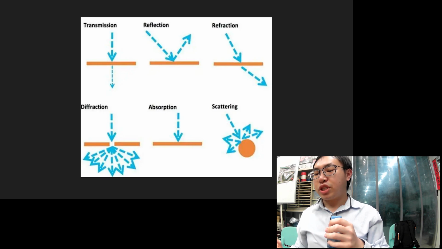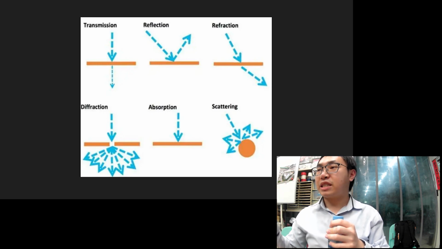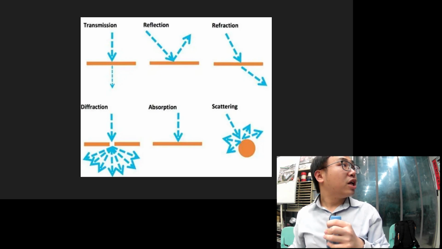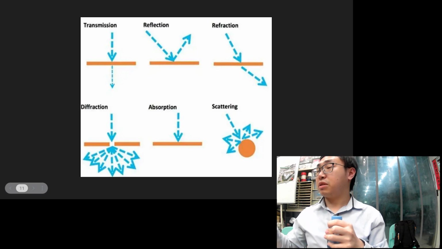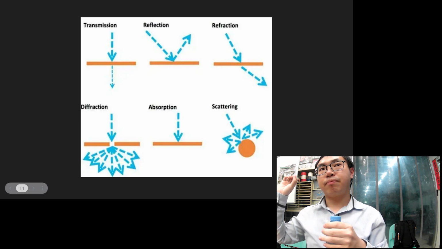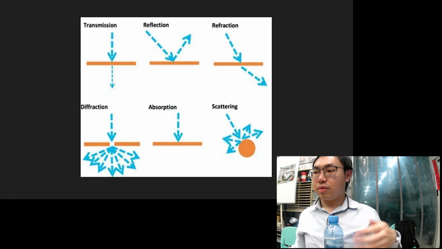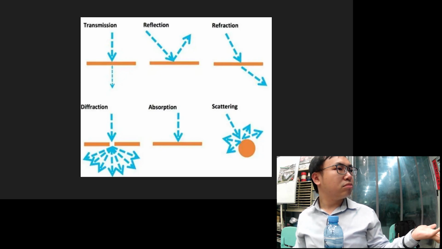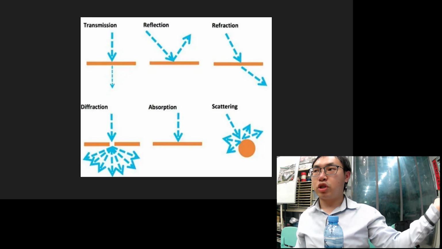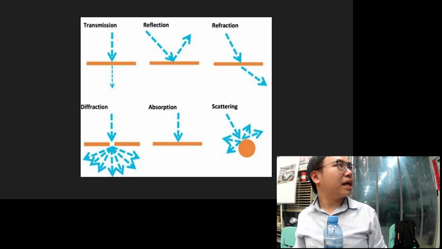Diffraction, which is if they pass through a very tiny hole, especially for low frequency. The lower the frequency, the more easily diffraction can be found, it appears more often. Absorption, if they pass through some materials, the signal may just disappear. It is like a bit of transmission.